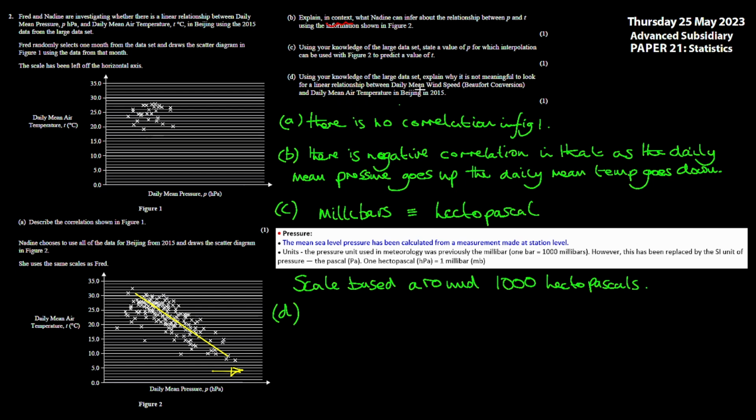Well, because the wind speed's been converted to this scale from 0 to 12, this is really a qualitative assessment of the wind, not quantitative. So it would be not meaningful to look for any sort of relationship between the wind speed, Beaufort conversion, and the daily mean air temperature.